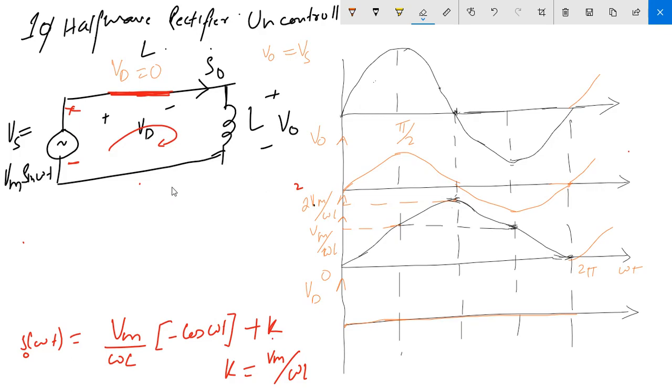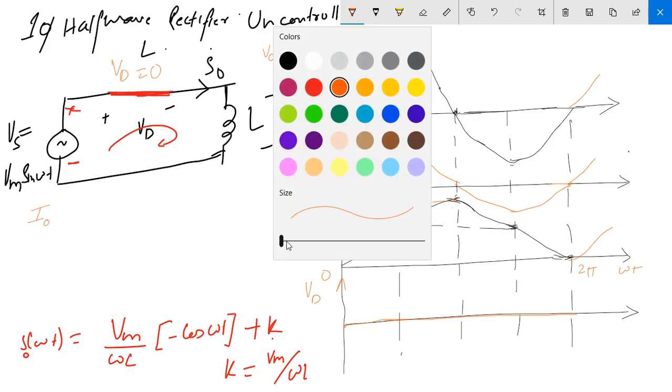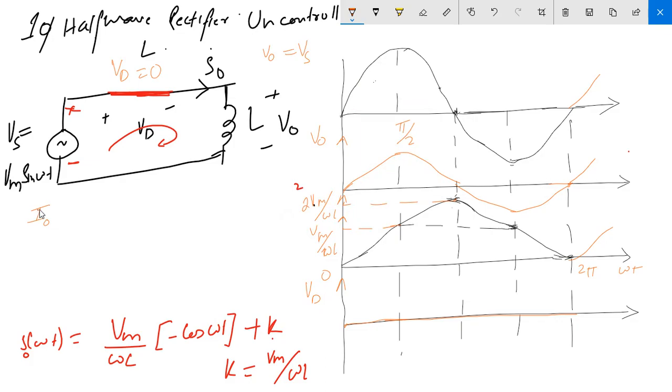Now, talking about the values, let's first discuss what will be your I naught. If you have to take out the value of I naught, that will be your average value.